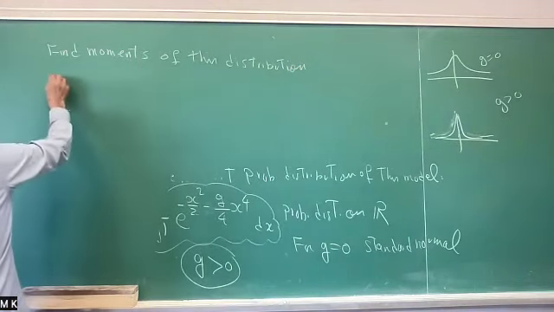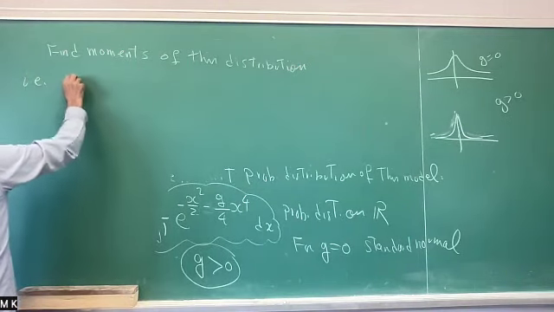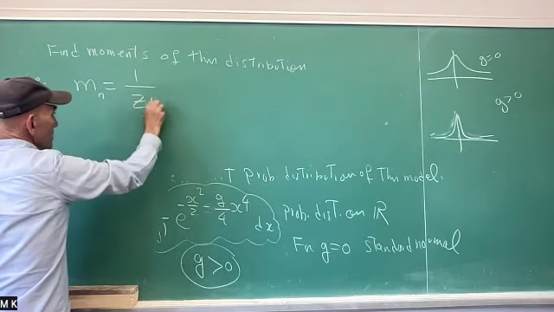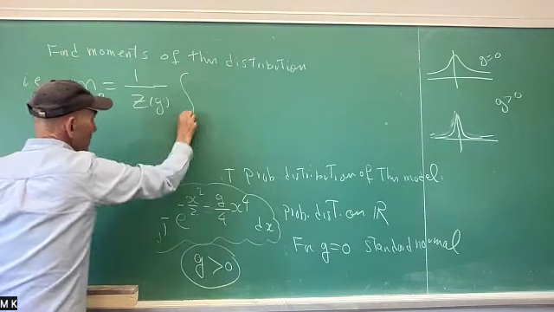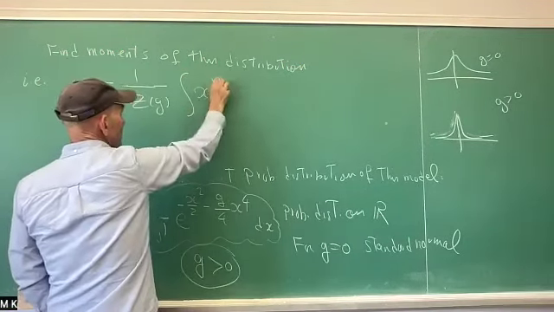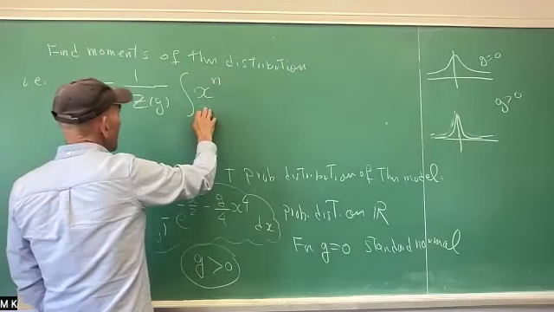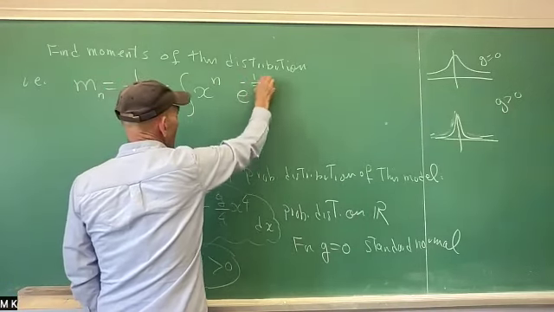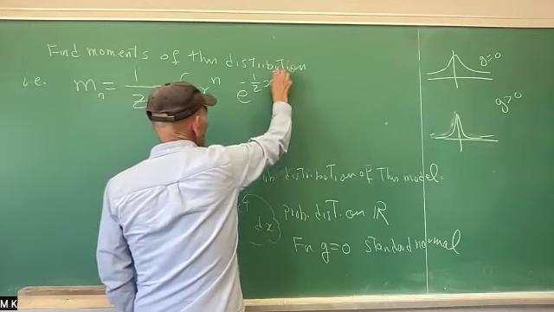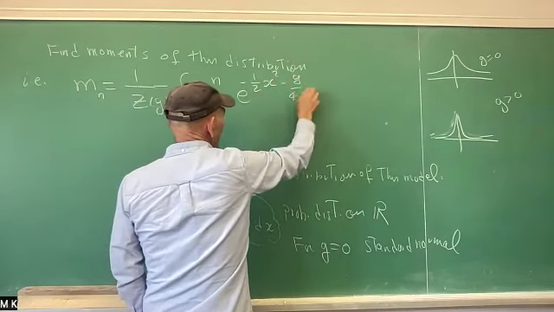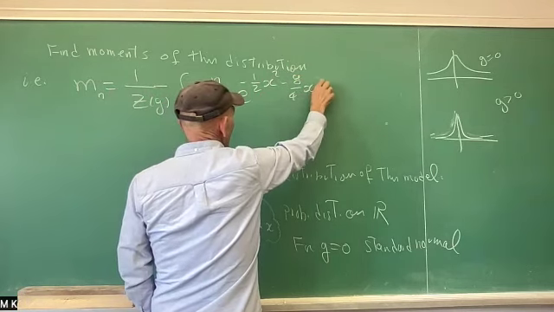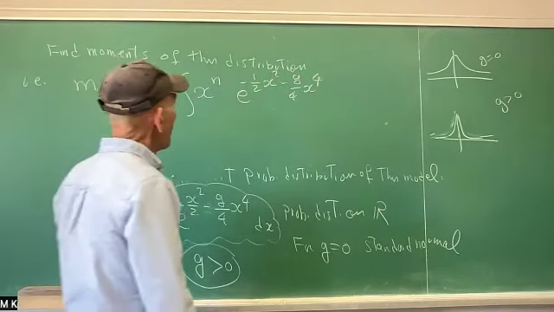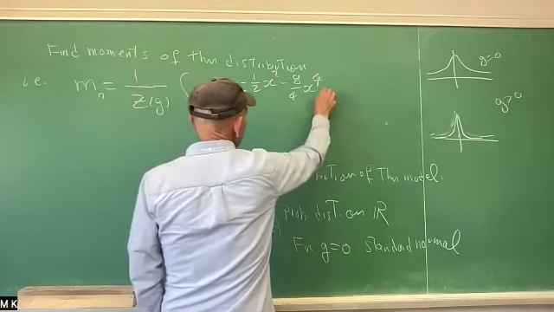So, i.e., the following numbers. We have Mn equal to 1 over Z of G, integral of x^n e to the minus 1/2 x squared minus G over 4 x4, dx.